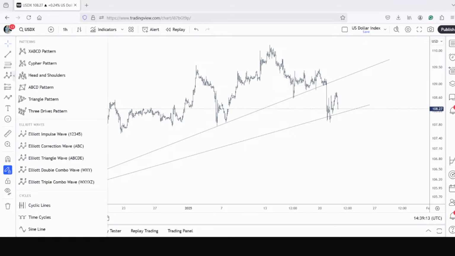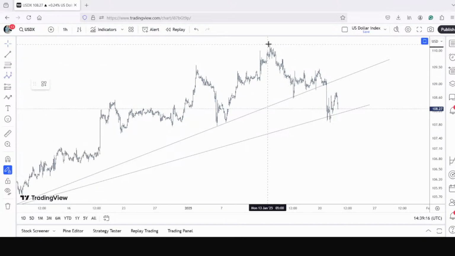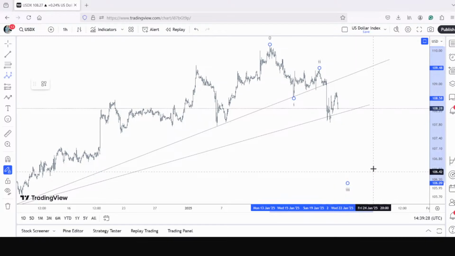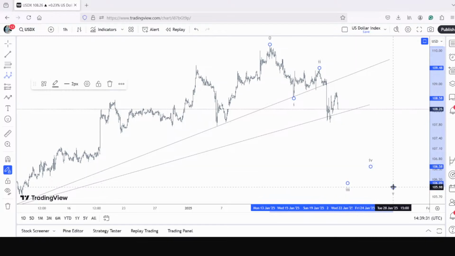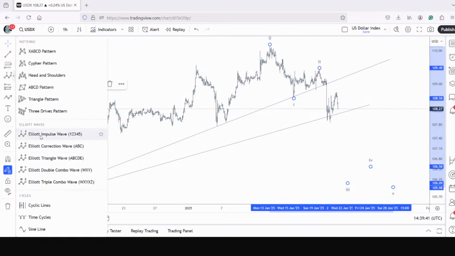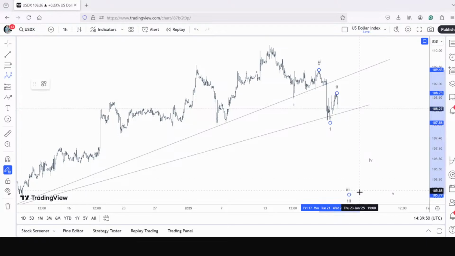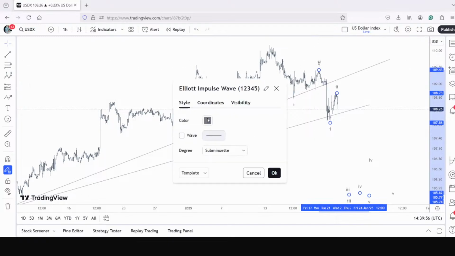Okay, the wave structure now. Put wave 3, 4, and 5 down there, and we can do this one more time because the third wave is extending, and then we'll change the degree of the larger wave.